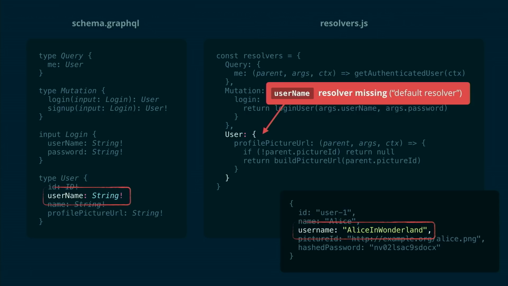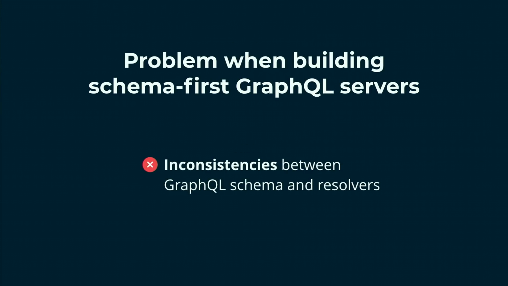So that will just blow up in production. I'm pretty sure a lot of you have had a similar situation in the past and you've just scratched your head wondering what's going on. And all of these problems that we've seen can be solved through better tooling. The problem here is really these inconsistencies between your GraphQL schema that you've defined and your actual resolver implementation.